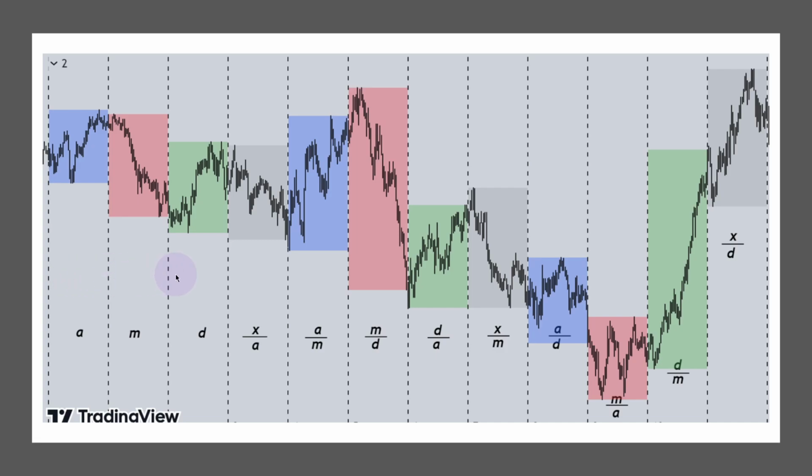And instead of AMD, we can look at the AMDX. So accumulation, price takes out the low, manipulation, distribution, and then reversal or continuation is X. And again, accumulation, price takes out the high, manipulation and distribution, and then X, continuation. Here we have accumulation, price takes out the low, manipulation and distribution, and then X, continuation.